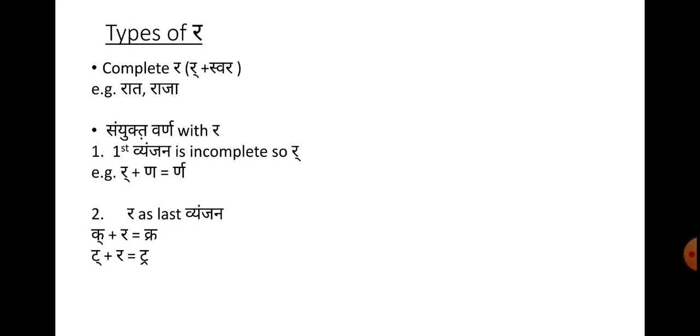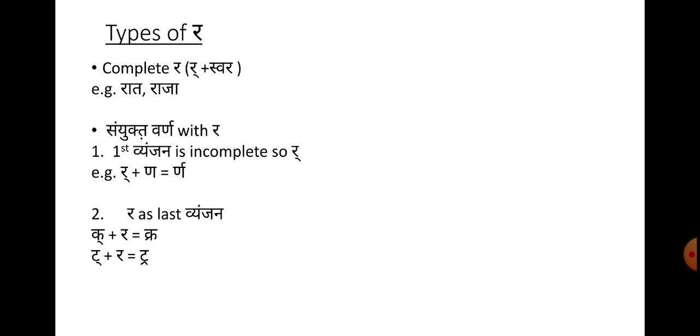And another subtype of this is R as last Vyanjan. We all know that R as last Vyanjan in Sanyukta Varna, we have complete R. Means in any Sanyukta Varna, we know that the last Vyanjan is complete with swar. Right?